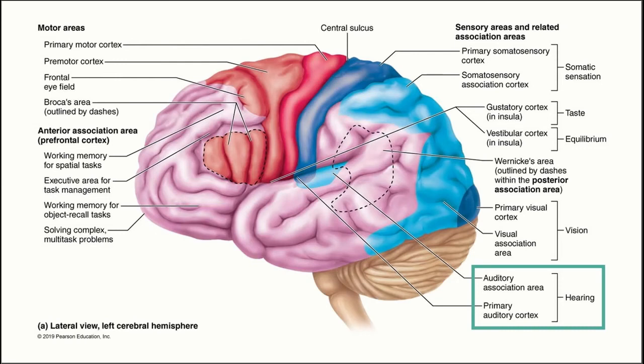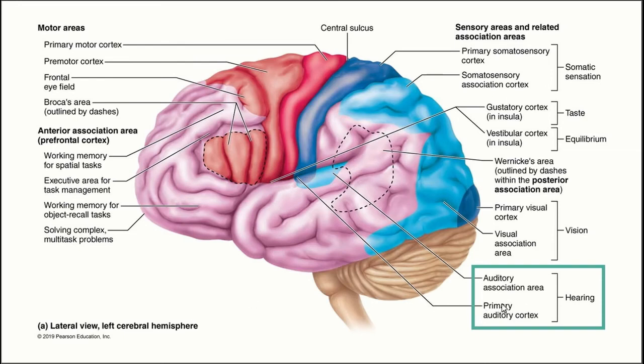So the temporal lobe has areas for interpreting and associating hearing, which is auditory information, and smell or olfactory information, which is not labeled on this particular diagram, but it is one of the senses that is interpreted and associated in the temporal lobe. So we have regions in the temporal lobe that are devoted to interpreting sound and smell sensory information.